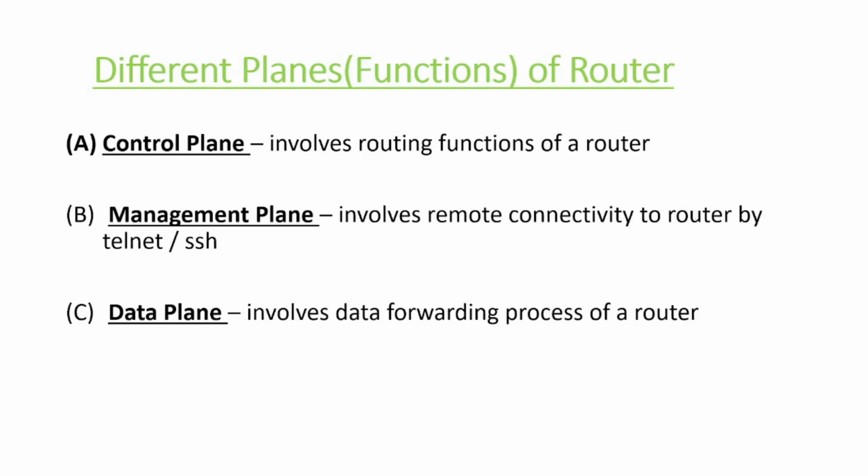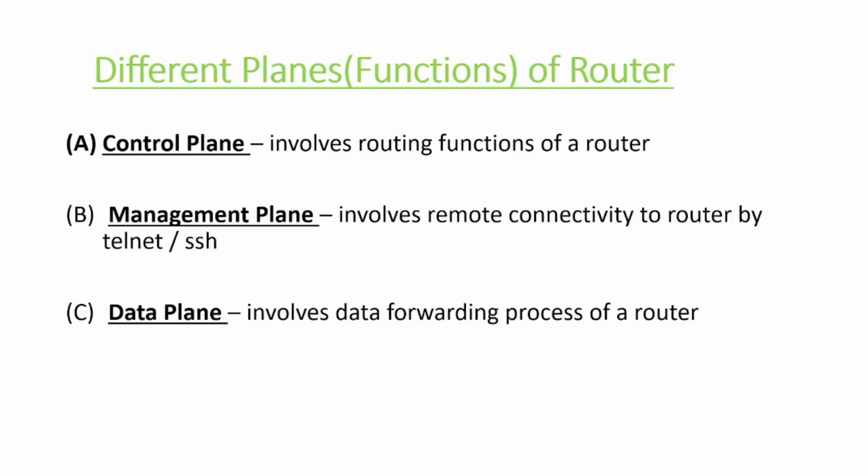Now we should discuss the different planes or functions of a router. This is definitely related to SD-WAN, as the router is an integral part of SD-WAN. The router doesn't do only the routing part. It does three basic planes or functions.